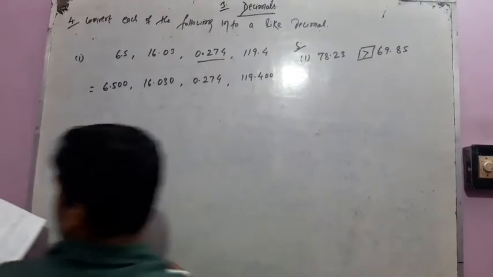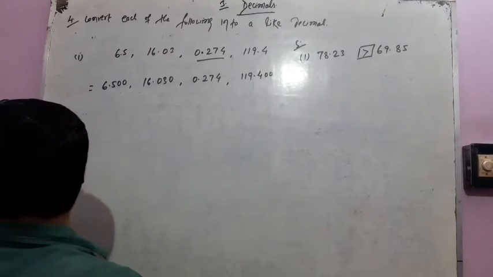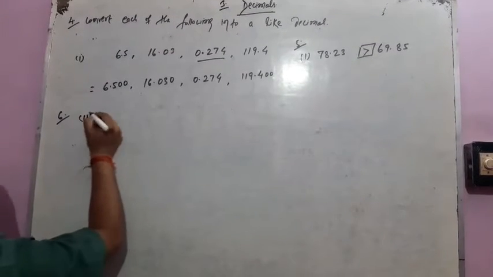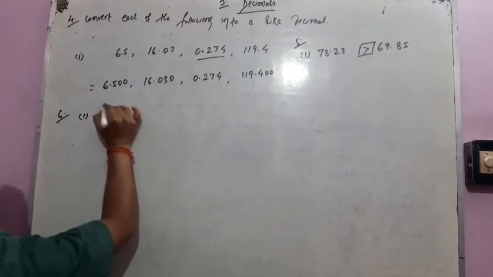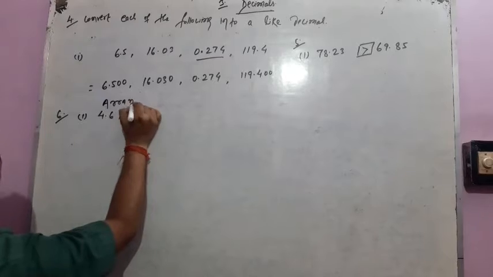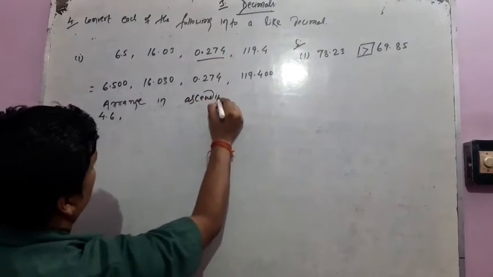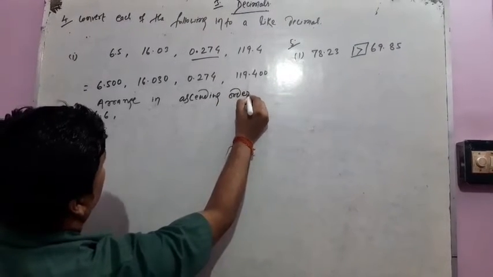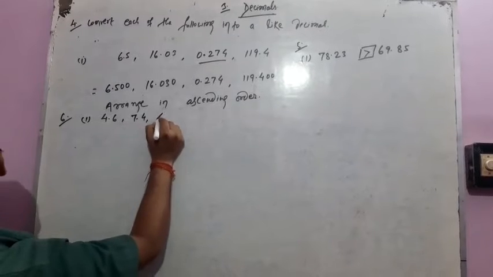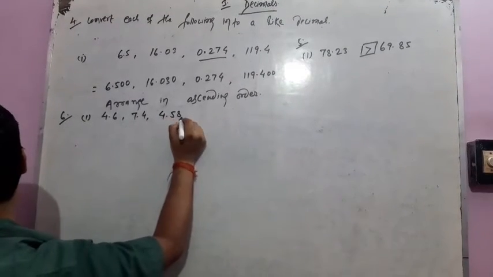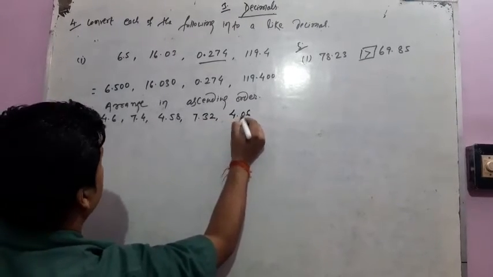Now look at question number 6. In question number 6, arrange the following decimals in ascending order. Ascending means smaller to larger. Arrange in ascending order: 4.6, 7.4, 4.58, 7.32 and 4.06.